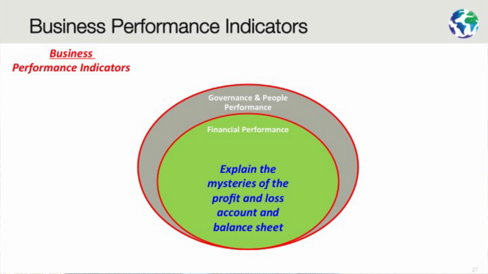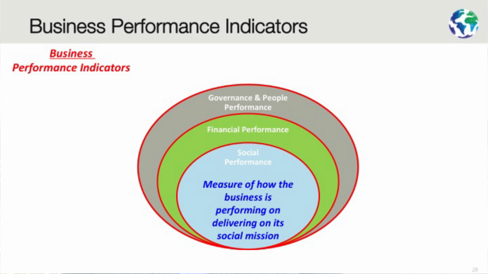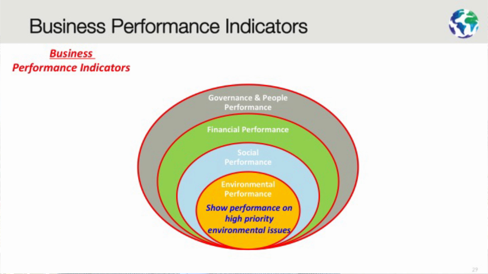The next one is social performance. It's a measure of how the business is performing on delivering on its social mission. And lastly, environmental performance shows the performance on high priority environmental issues.